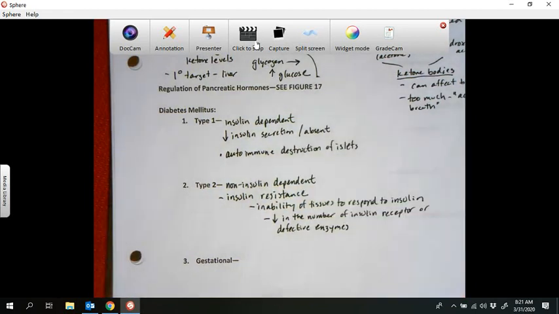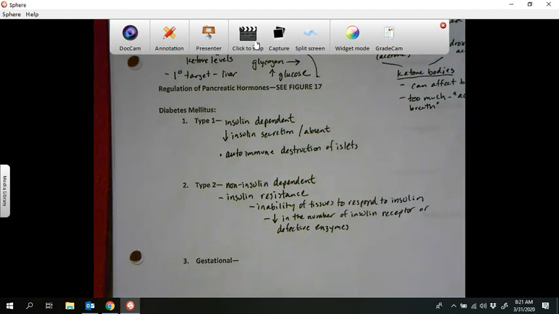Type 2 diabetes is on the increase in the United States. There are a lot of people that develop this, usually late 40s into their 50s. It can be controlled by medicine, but also can be controlled by diet and losing excess weight.